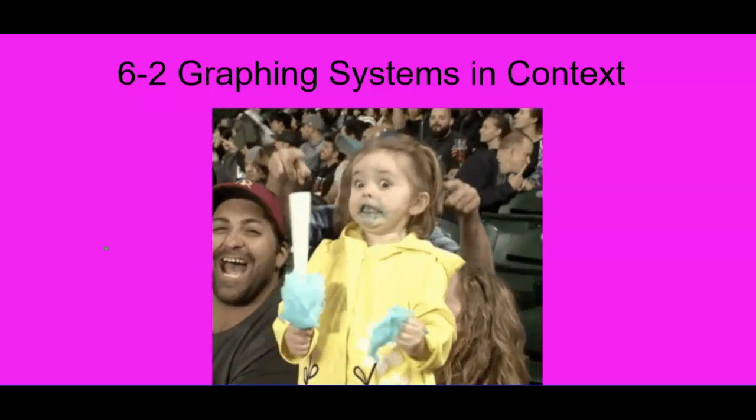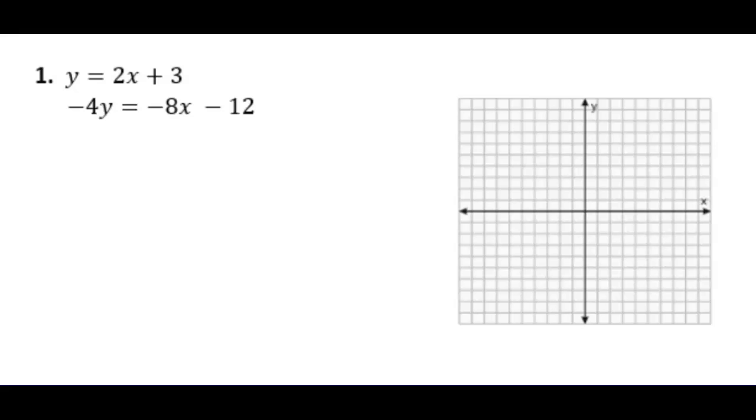As we are moving along, these first few problems are review from 6-1. Since we literally just did them 5 minutes ago, we don't need to review. But if you wanted to practice, this answer is going to be infinite solutions.